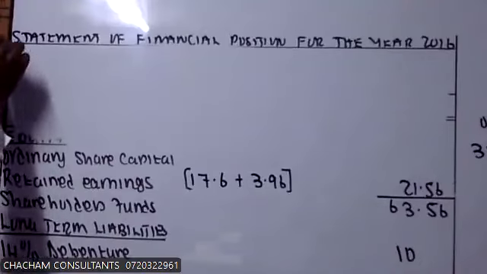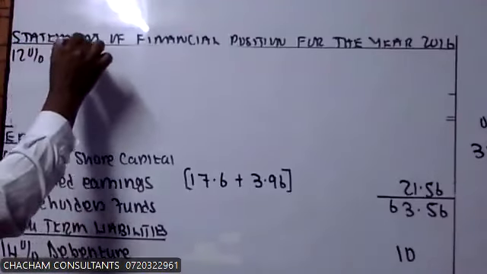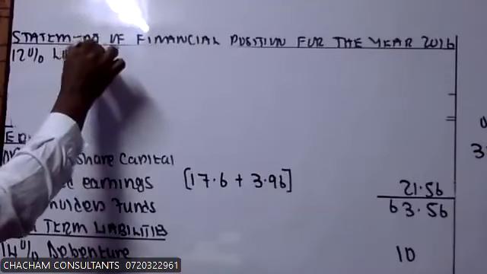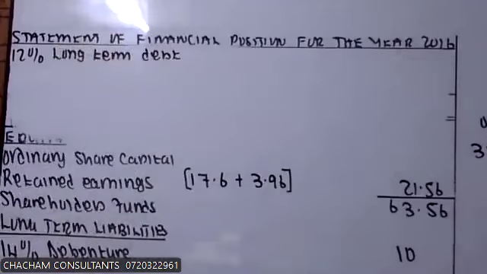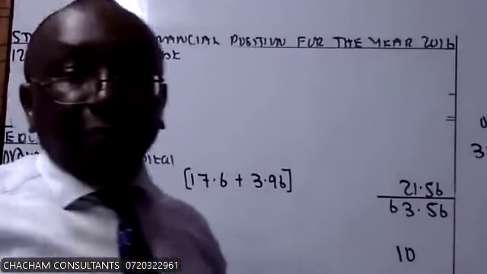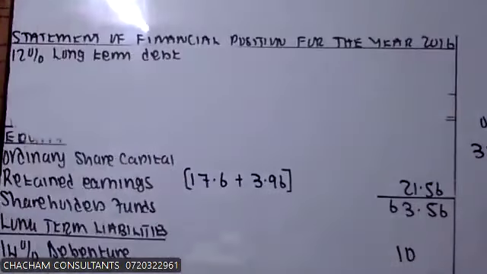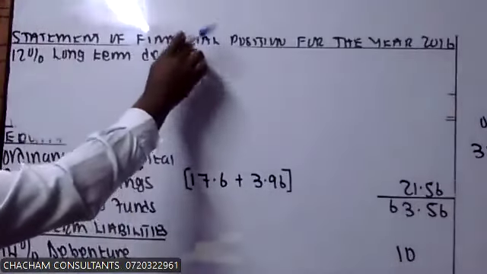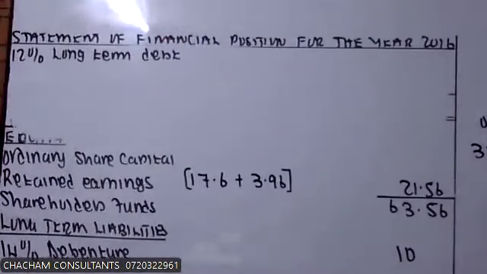So you just say 12% long-term debt. Let me just use the same words. Now that is the one we do not know what it is. This is the one that we are calling the external financing. So hiyo tunaiacha.